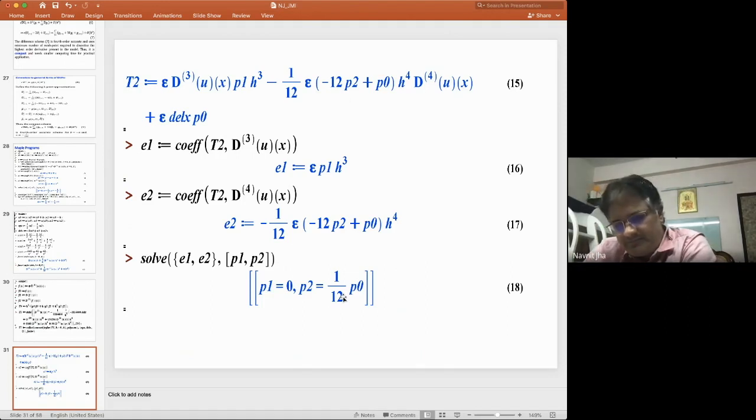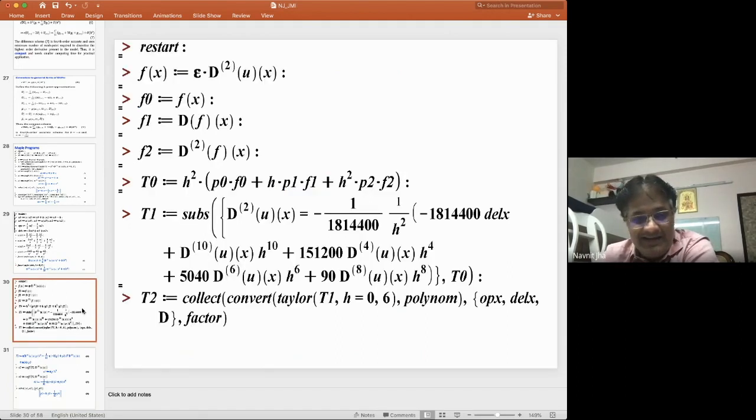Now, what is the value of p naught? Listen, for simplicity, if we take p naught as 0, then what will happen? Very interesting. Listen here in this equation, if we take p naught as 0, then p1 is already 0, and p2 is appearing in terms of p naught, so that is also 0.